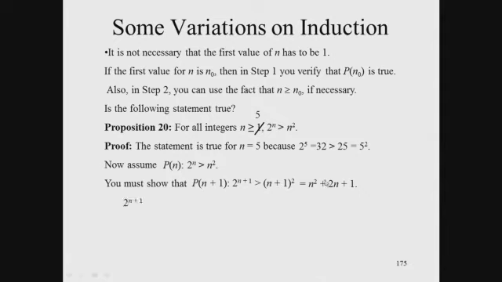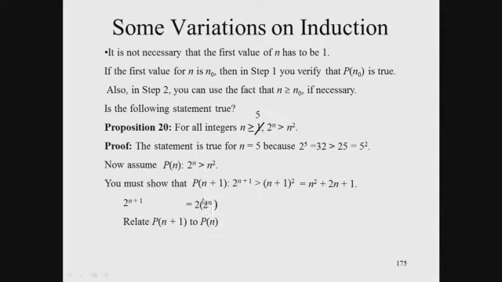And in order to show that it's greater than the right-hand side, what you want to do is relate this 2 to the n plus 1 back to 2 to the n. Can somebody tell me how is 2 to the n plus 1 related to 2 to the n? 2 to the n plus 1 is equal to 2 times 2 to the n. There is the relationship of 2 to the n plus 1 to 2 to the n.